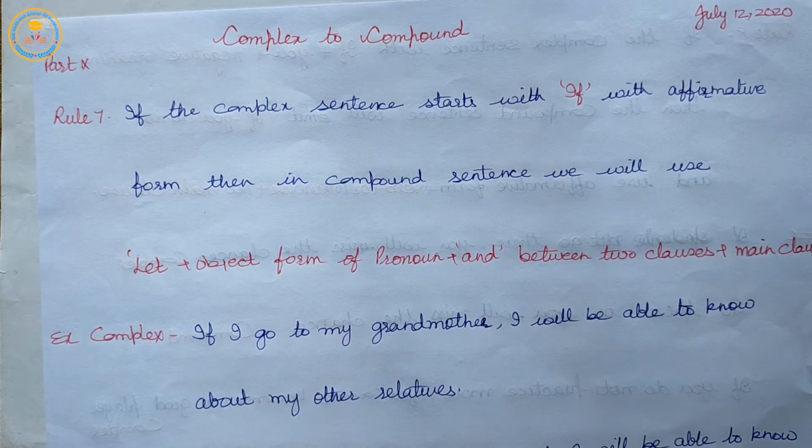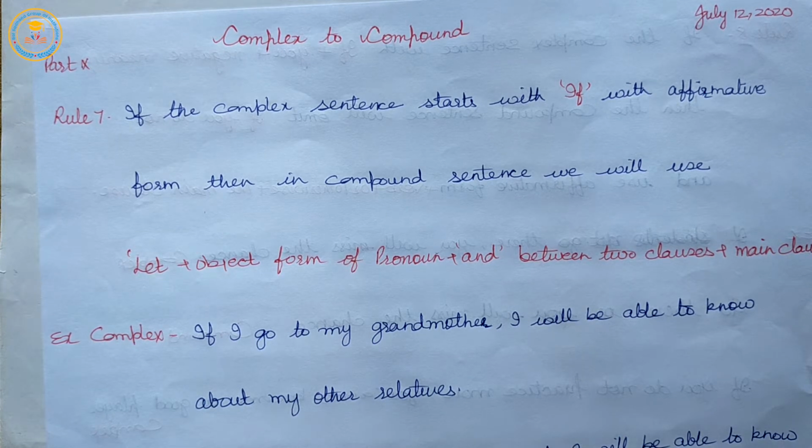And in our third rule, we read that if the complex sentence begins with as soon as, while transforming it into a compound sentence, we will use the conjunction and.